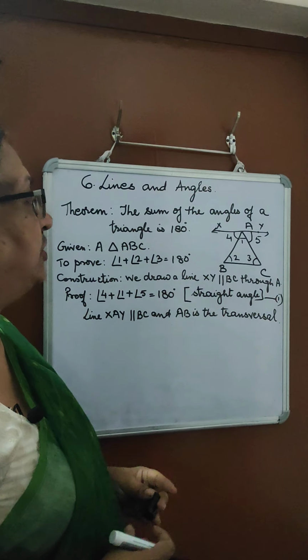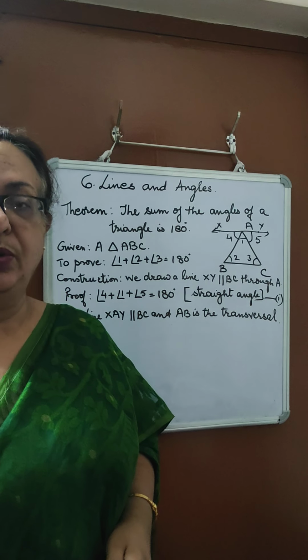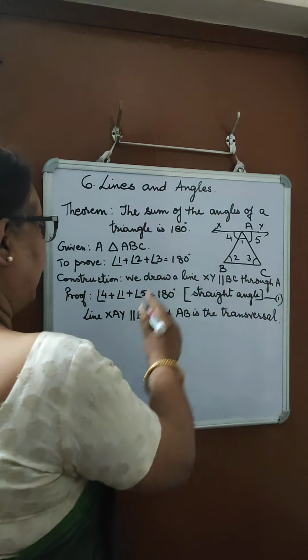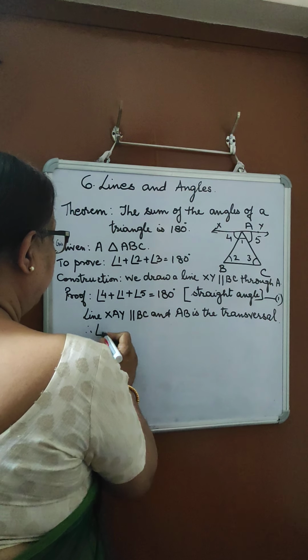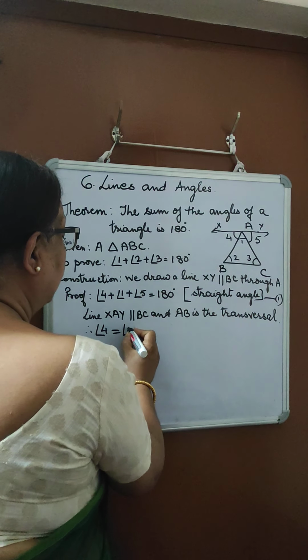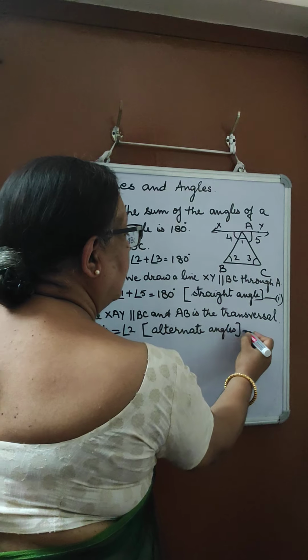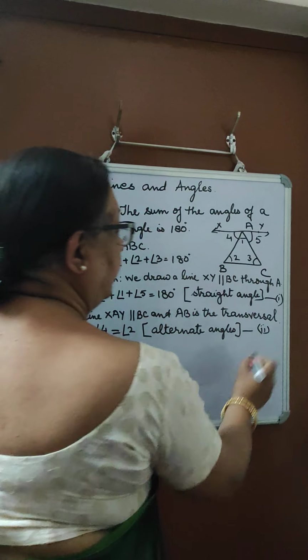So can we write angle 4 is equal to angle 2? Yes, we can. Why? What is the reason? They are alternate angles. So we write down the reason, alternate angles. Put this equation number 2.